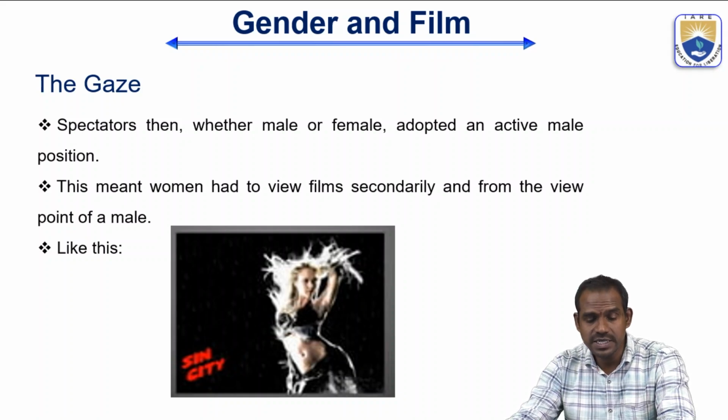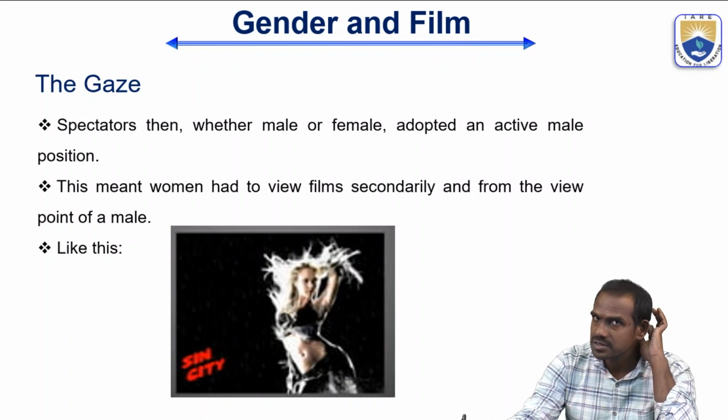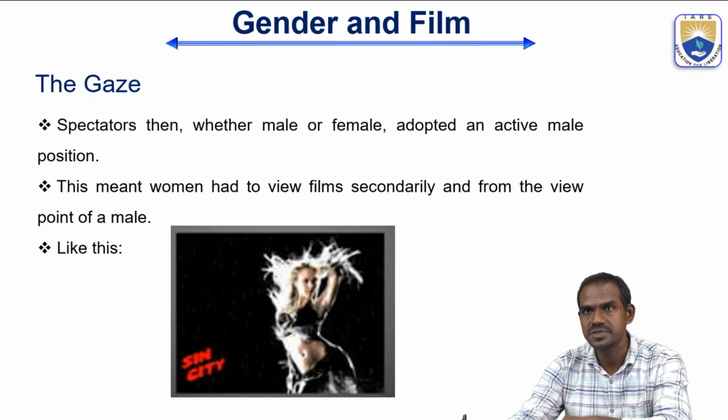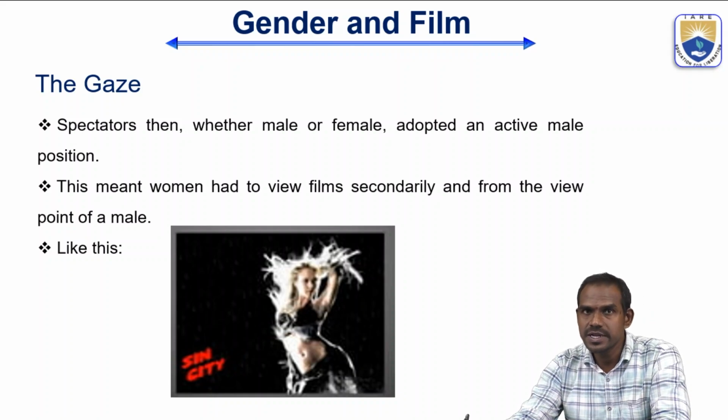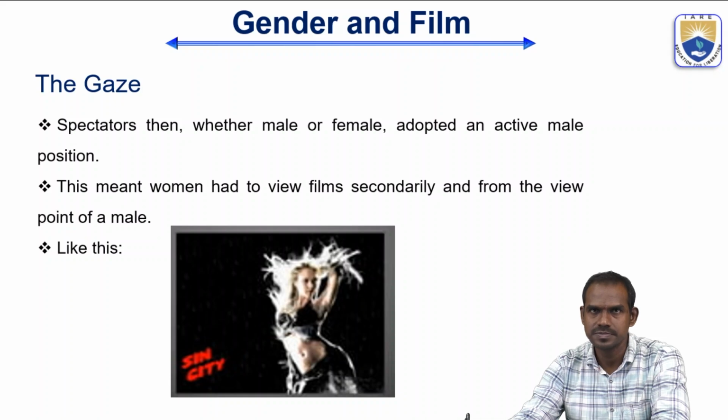And this meant women had to view films secondarily and from the viewpoint of the male. So how are women viewing or watching the films? From the viewpoint of men, right? Because that is the active position or active role.